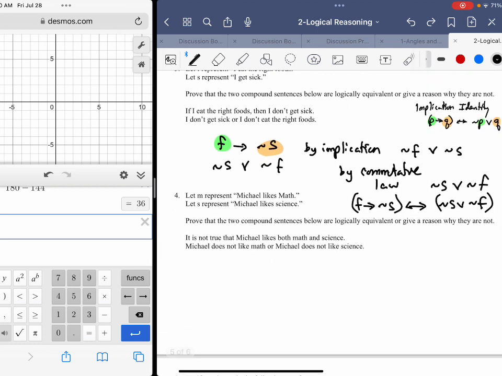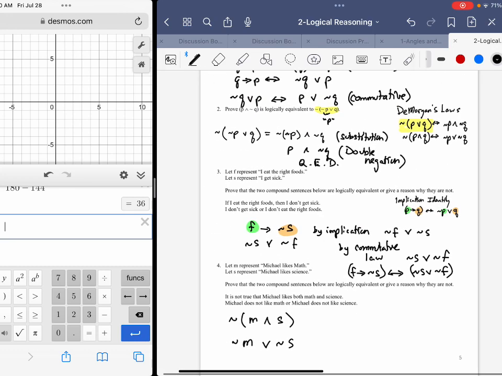M represents Michael likes math. S represents Michael likes science. Logically equivalent or not. It's not true that Michael likes both math and science. Michael does not like math, or Michael does not like science. All right. So again, De Morgan's laws.